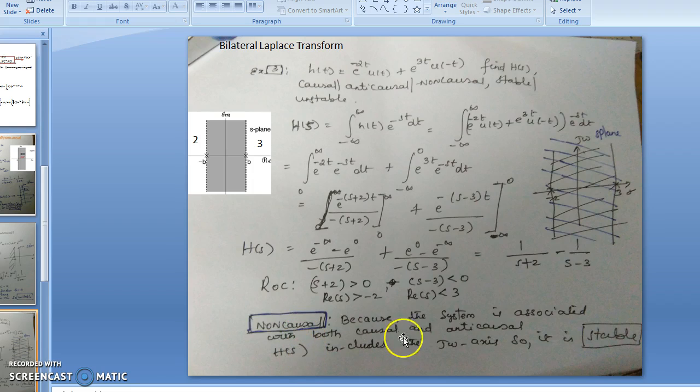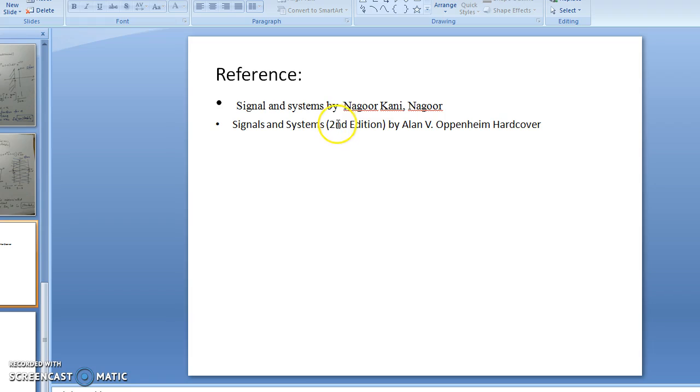Now in this, H(s) includes the j omega axis in the ROC in the S plane, so it is a stable system. In this we have understood how to find out causal, anti-causal, non-causal, and also stable, unstable.